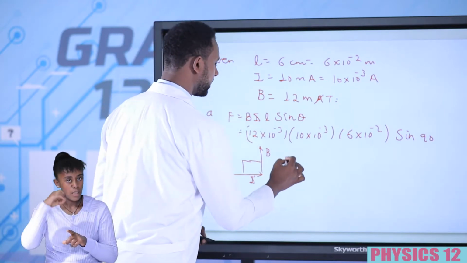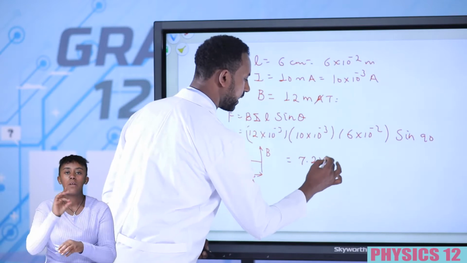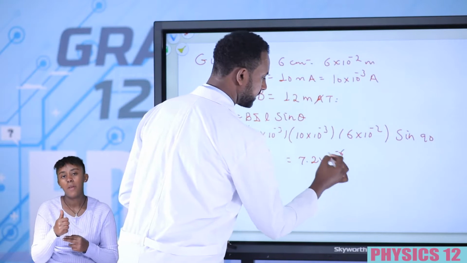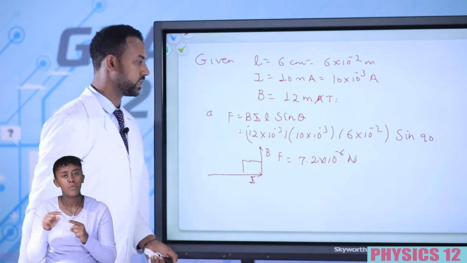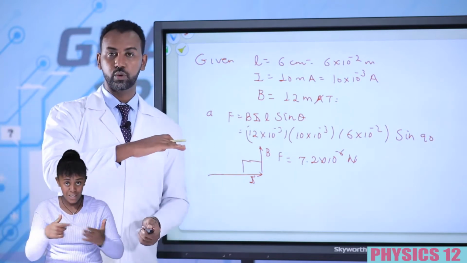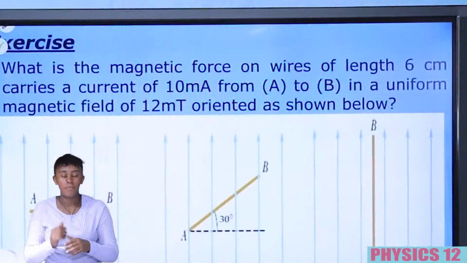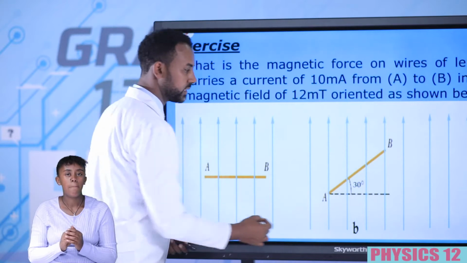Therefore, it's possible to determine the magnetic force to be 7.2 times 10 to the power of minus 6 Newton. This is the force exerted on this wire as it is oriented perpendicular to the magnetic field. And the other concept here is that it's possible to determine the magnetic force exerted on this wire.